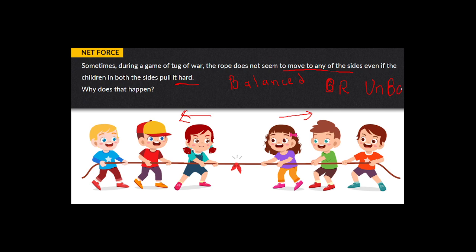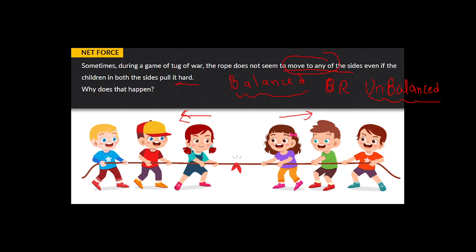I was asking, is this an example of balanced force or unbalanced force? Unbalanced. Why unbalanced? Because it is not moving, in which case the motion does not take place. Balanced means the same amount of force in the opposite direction. Exactly, it's balanced.